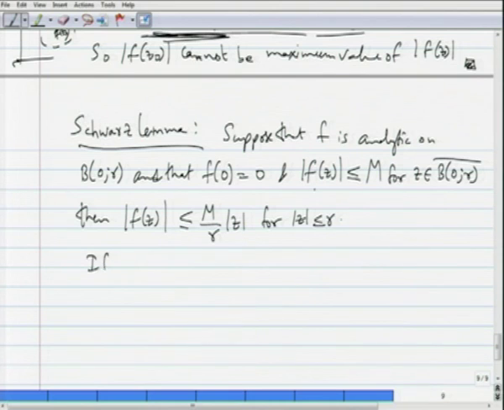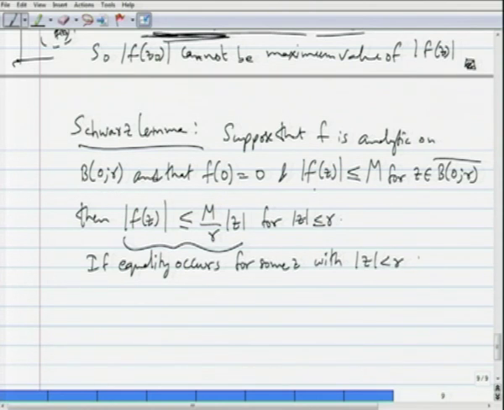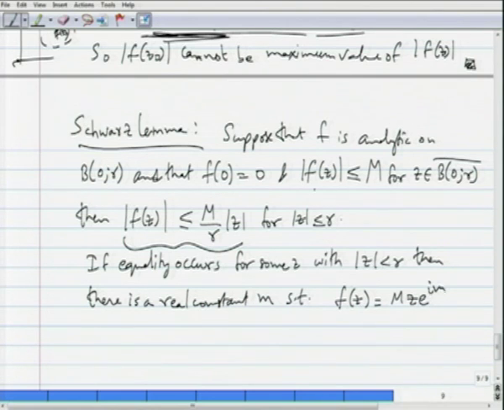We can say that if equality occurs for some z with mod z less than r, in this inequality, then there is a real constant m such that f of z is actually equal to M z by r e power i m.